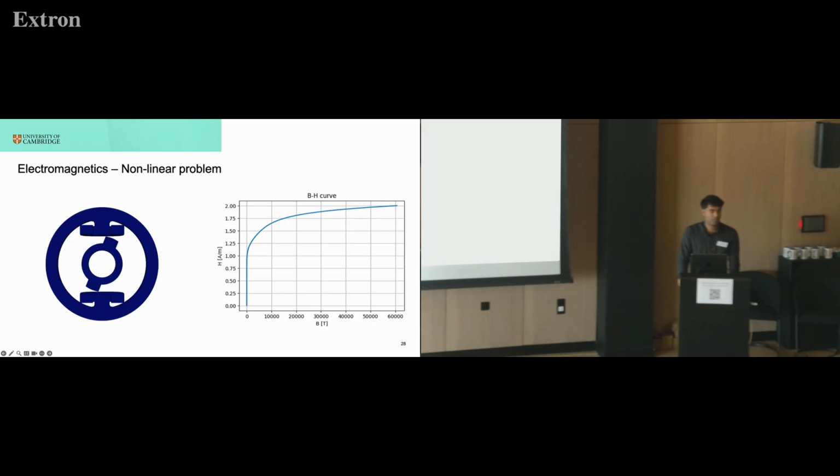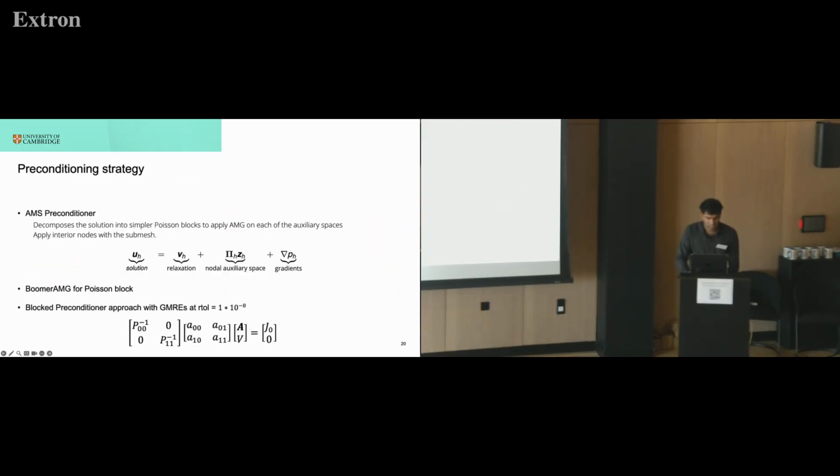Do you have other questions? If not, I have one. Can you explain better the preconditioner with the interior points? I mean, it's kind of a geometric preconditioner in a way. Yeah, so the idea is that this gradient is a discrete gradient field, which maps our nodal points to our edge points.